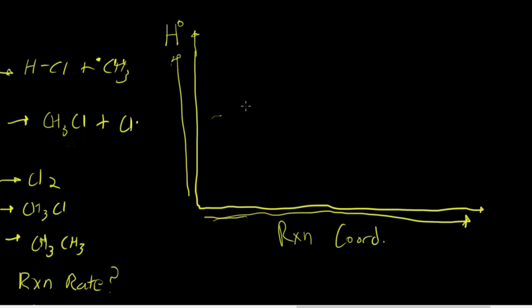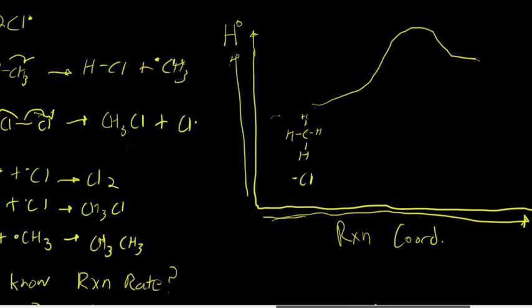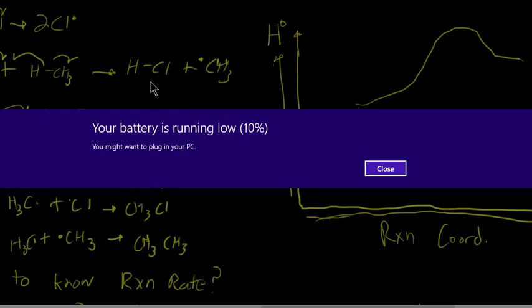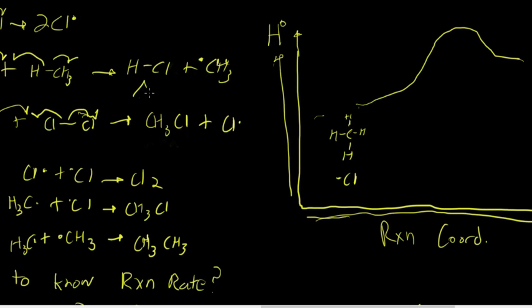Okay, so here you'll have methane and chlorine radical. You'll have the transition state. You'll have the product. Delta H for this step here, this delta H, is plus 2 kilocalories per mole.